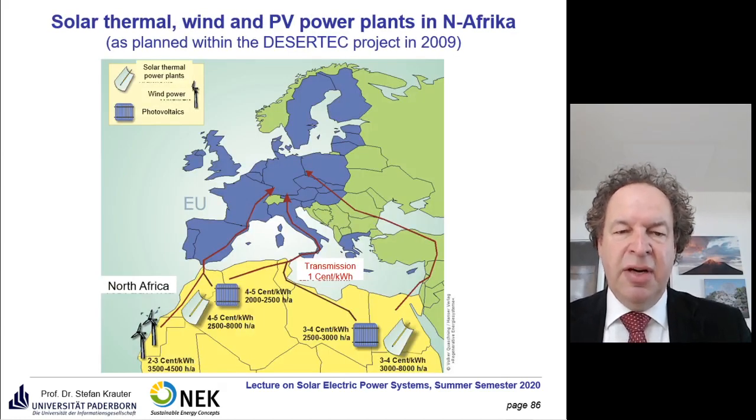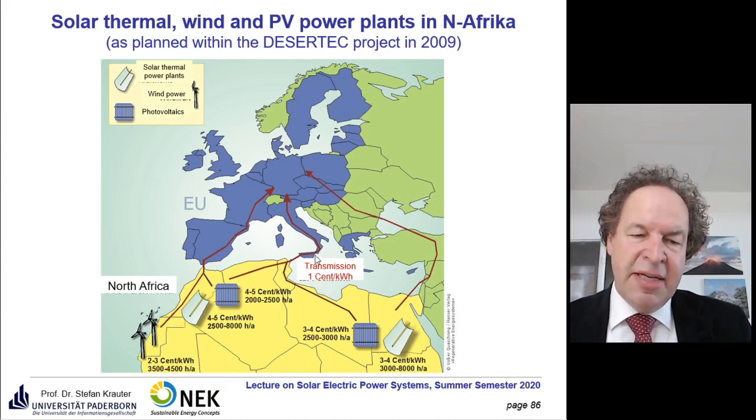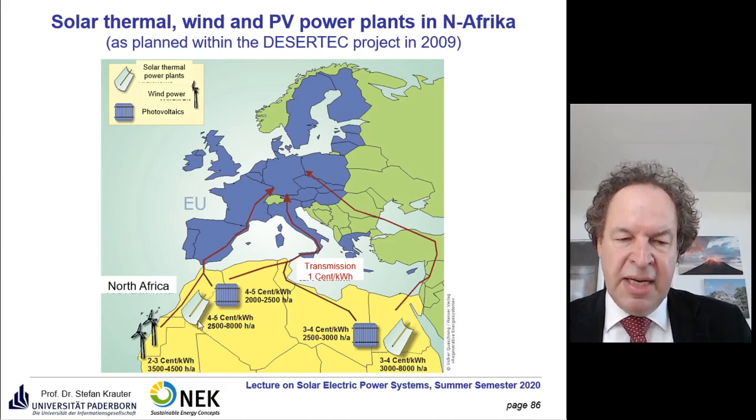So we have here the idea of the so-called Desertec project in 2009. The basic idea was to generate electricity in North Africa by wind and solar, both with solar thermal systems, which cost 4 to 5 cents a kilowatt hour now.